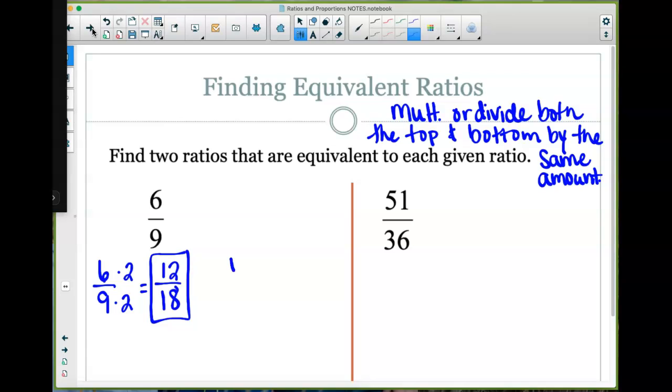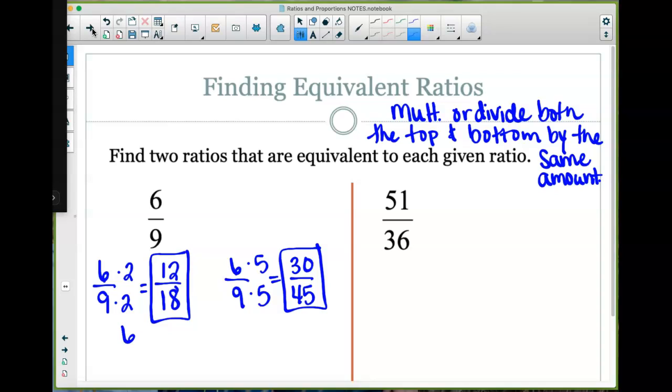Okay, you could take 6 over 9 and you could multiply each one by 5. So you'd have 30 over 45. Okay. I also said you could divide.